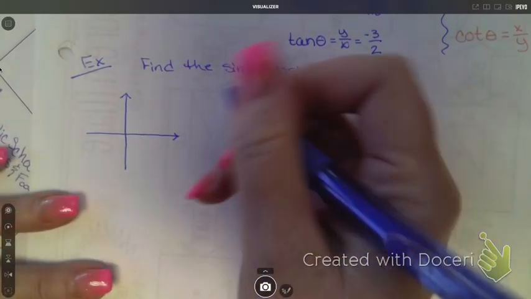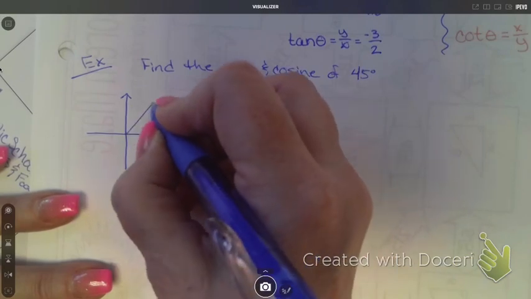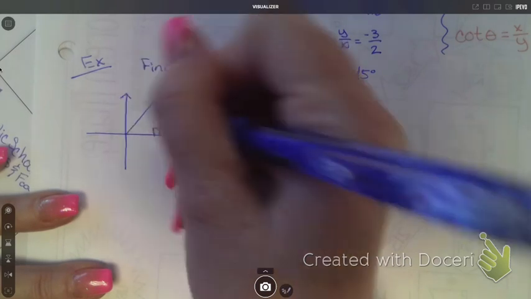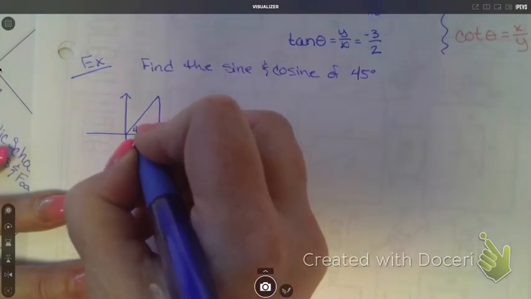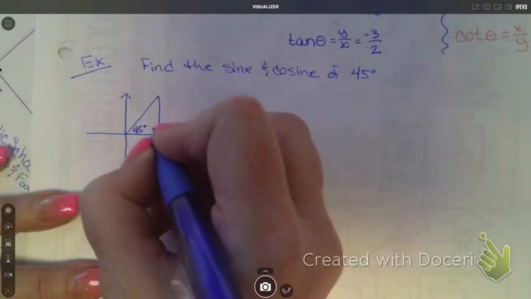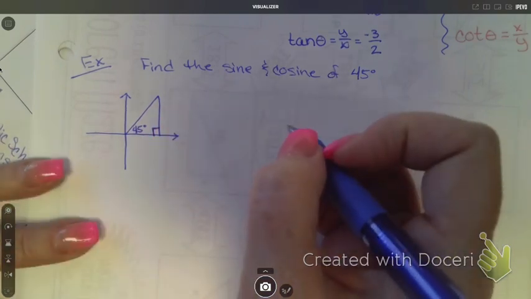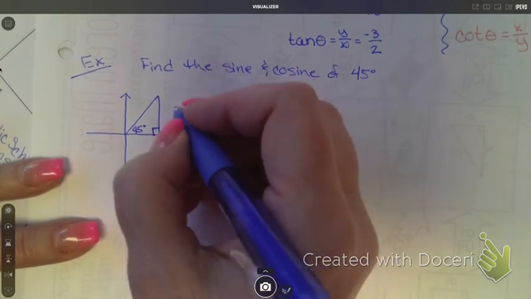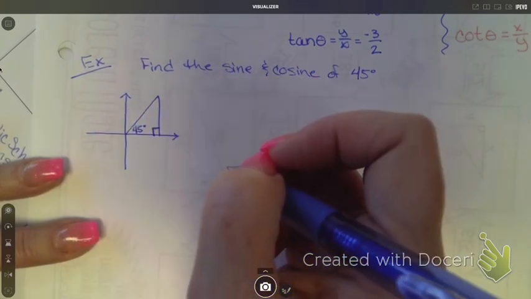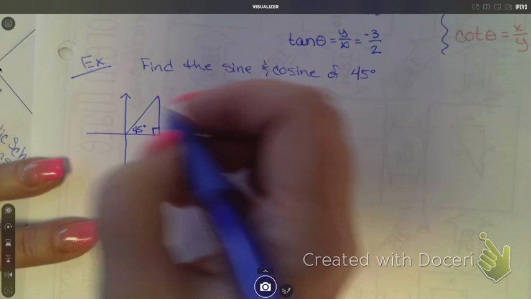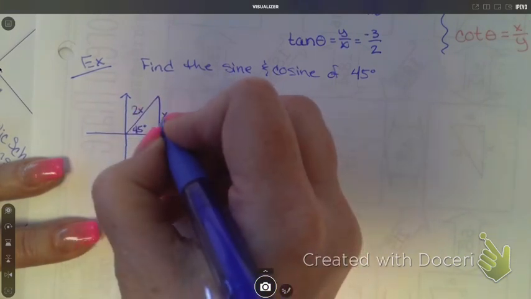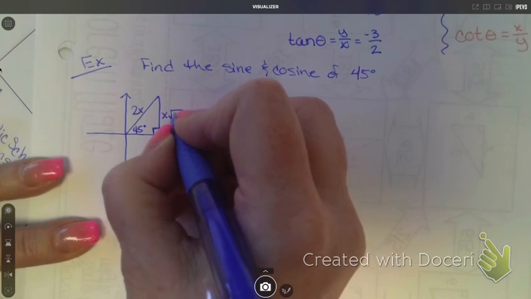So the first thing I'm going to do is draw myself a picture. And I'm going to put my 45 here. So what are the ratios for 45, 45, 90? You guys remember? x, x square root of 2.